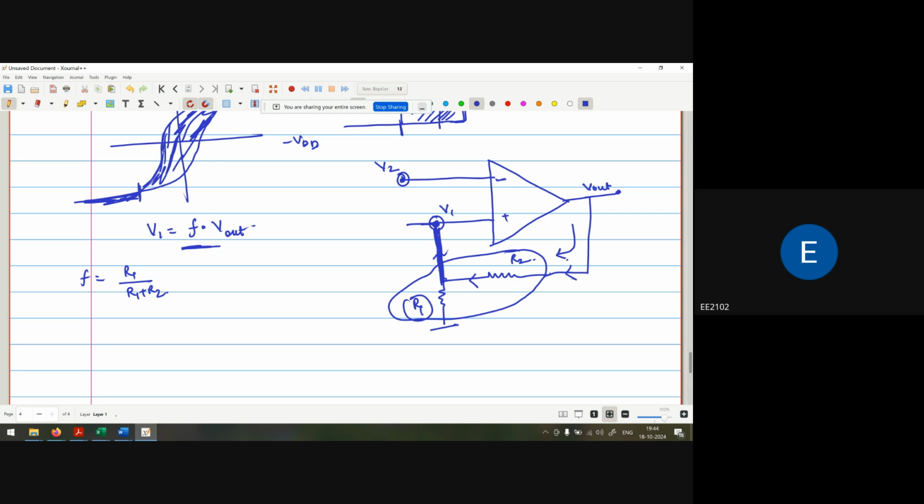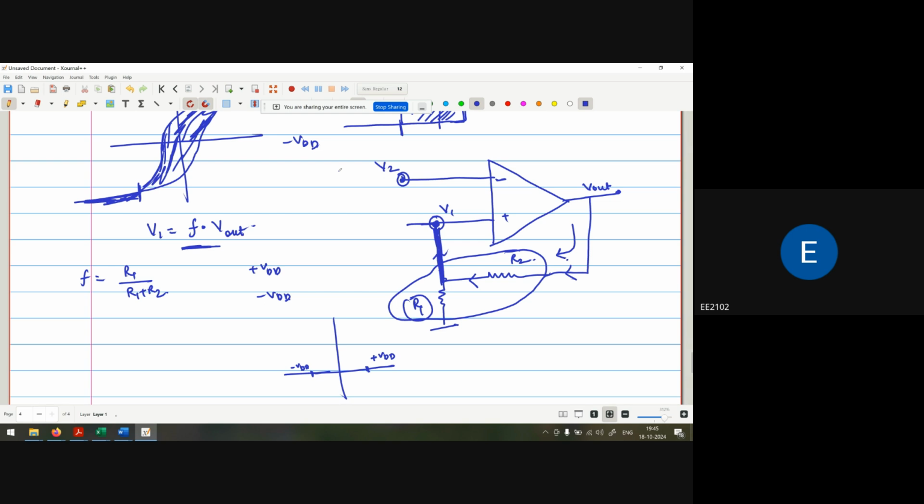Yes, sir. Now the consideration is that it is possible that V out should be positive, or possible that V out should be negative. So if V out is positive, or we can say we are getting the positive VDD, the positive VDD point is this one, the negative VDD point is this one.